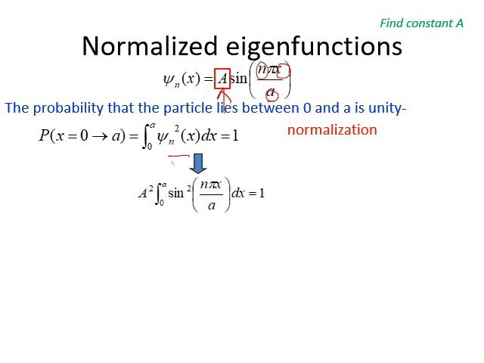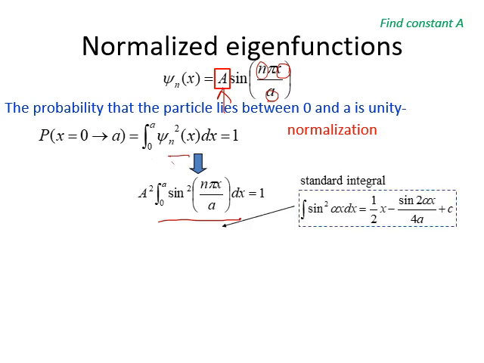So the square of the wave function integrated over the whole range is 1. Okay, so plug in the wave function and let's integrate this one. Now, one way to do it is to find the standard integral, which says the integral of sine squared alpha x should be half x minus sine 2 alpha x divided by 4 alpha. And so compare with our equation, so n pi divided by a should be the alpha.